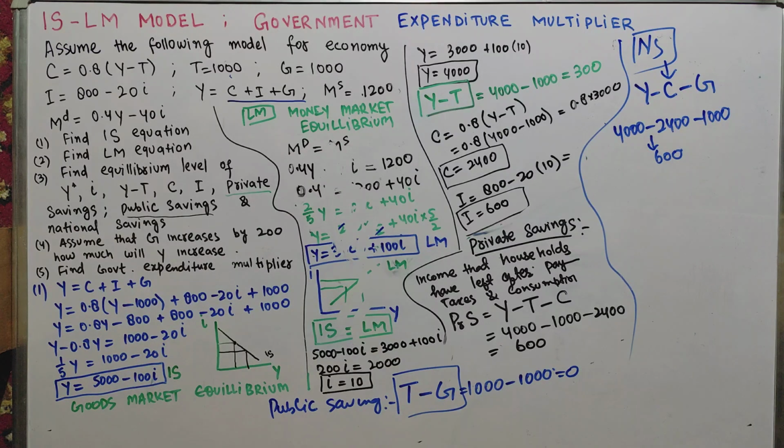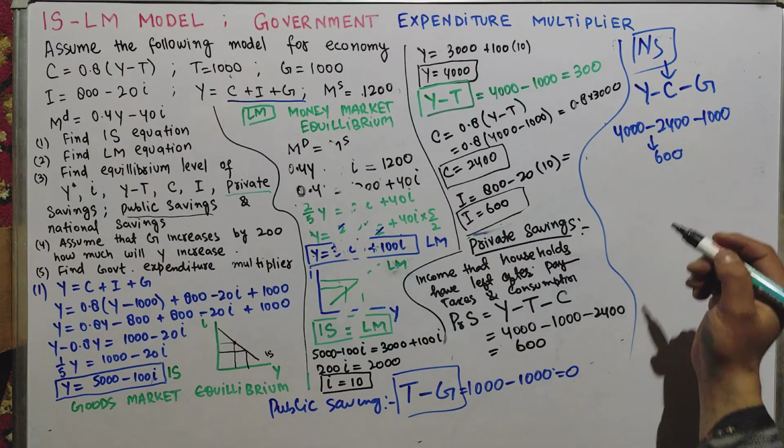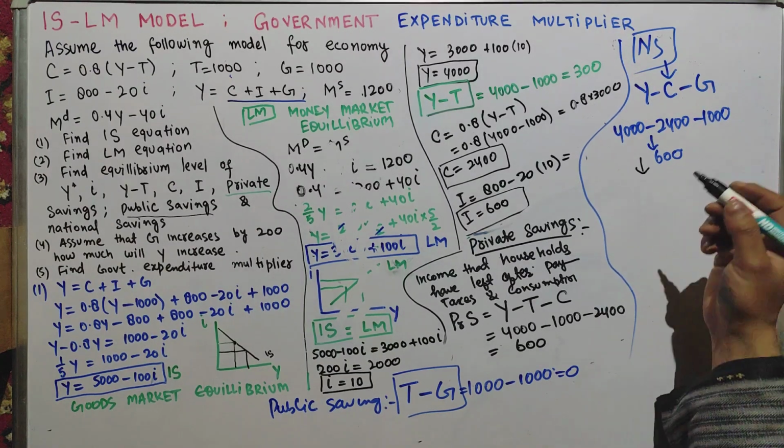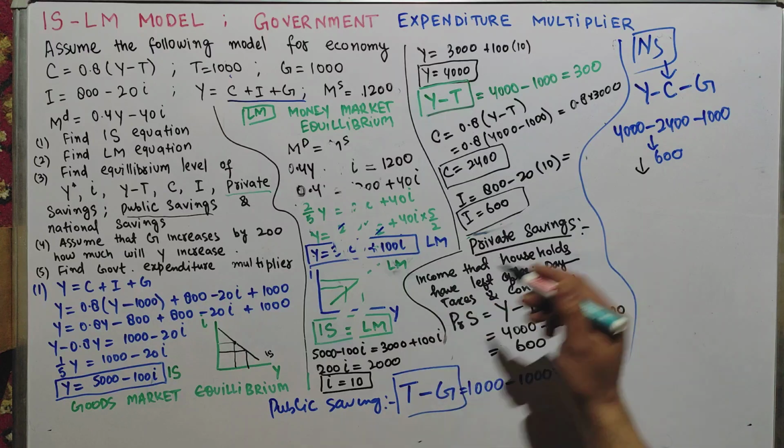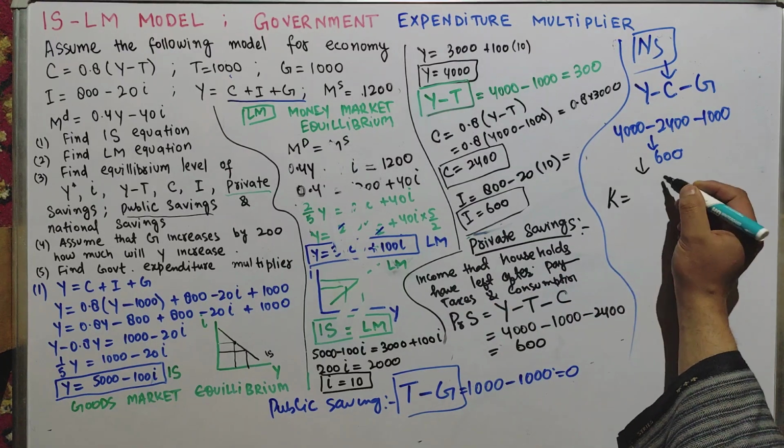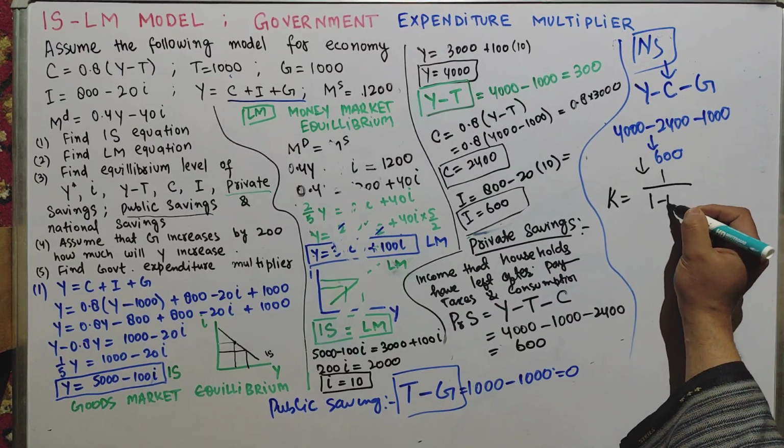Next we need to find out the government expenditure multiplier. I will not derive the formula here. It is very simple. The government expenditure multiplier will be equal to 1 upon 1 minus MPC.